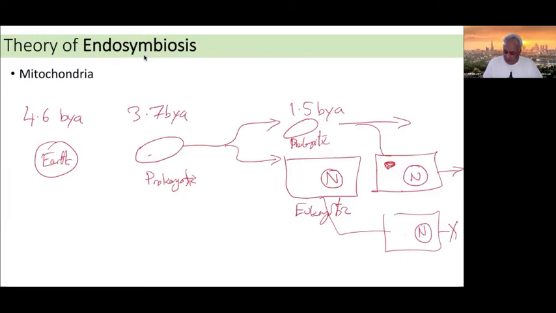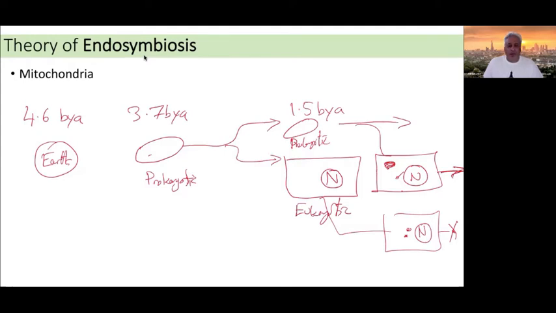So these cells couldn't break down their food molecules completely, a type of fermentation, whereas these cells here were able to completely break down food into carbon dioxide and water. So these cells continued, and these cells became extinct. But this led to the formation of mitochondria in all eukaryotic cells.